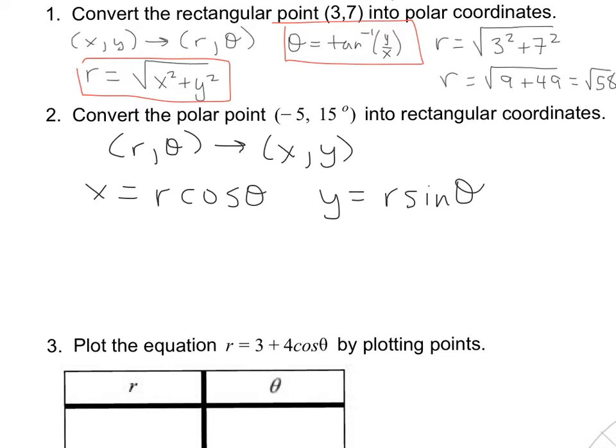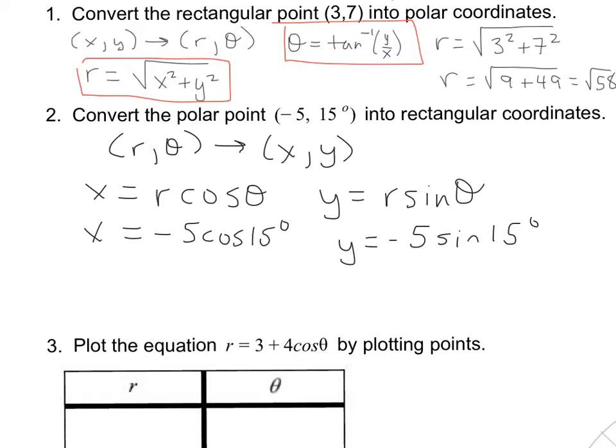So since we know what r and theta are, we're just really going to plug this in. So x is negative 5 times the cosine of 15 degrees. And y is going to equal negative 5 times the sine of 15 degrees. So I'll just basically plug those in my calculator.